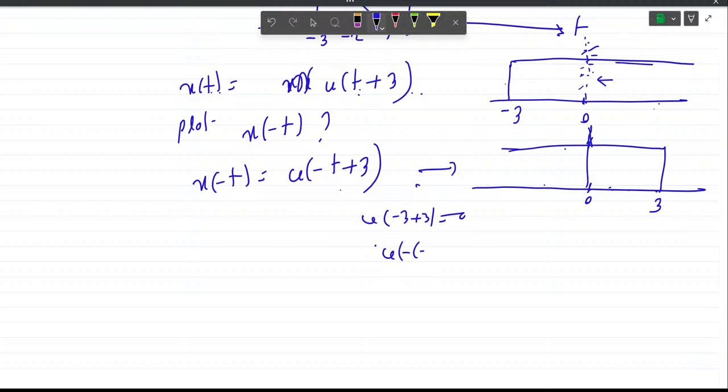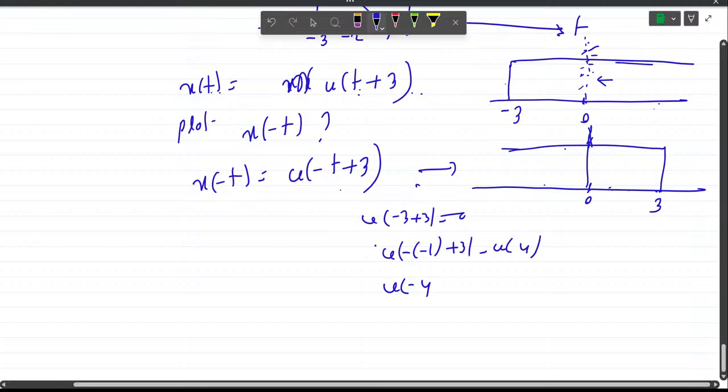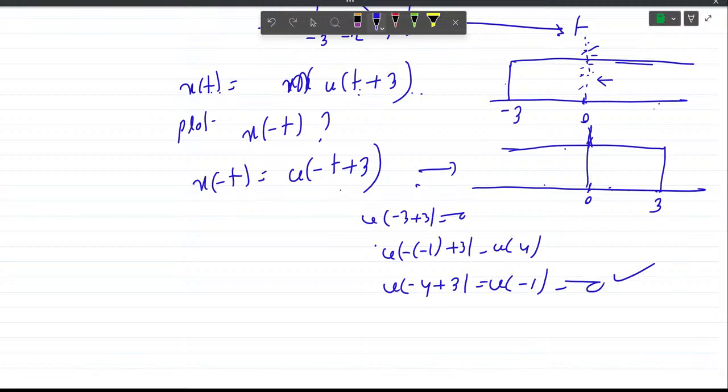So u of minus 1 plus 3, that is u of 4, exists, but whether you have correctly drawn it: let's see, u of t equal to 4, minus 4 plus 3, that is u of minus 1, yes, 0, right? U of minus 1 is 0, yes, u of 4 is 0, as it is shown in the figure. So these are the ways you can easily verify whether your operation is correct or not.